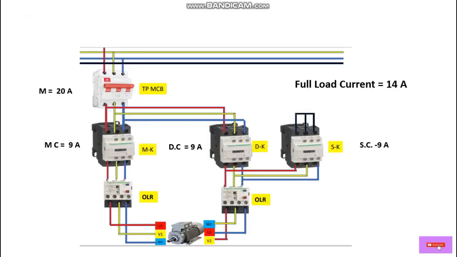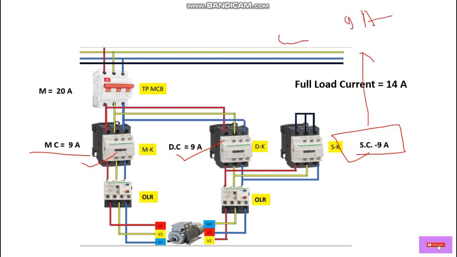Okay, so here main contactor size is 9, then delta is the same, star here is 9, because generally contactor sizes are available from 9 ampere. That's why I have taken it. If a smaller size is available in the market, then sure, our calculated value is 4.6 ampere, then if 5 ampere is available, we can go with 5 ampere or 6 ampere.